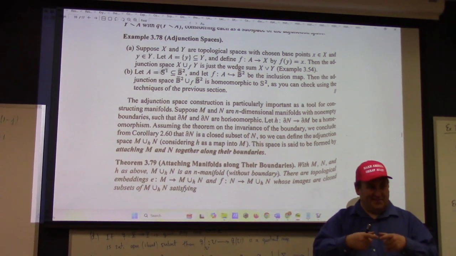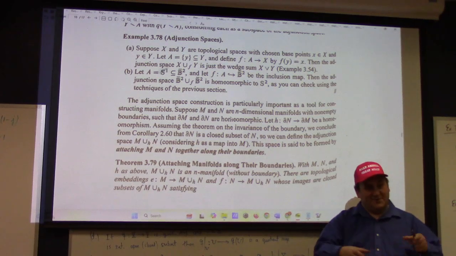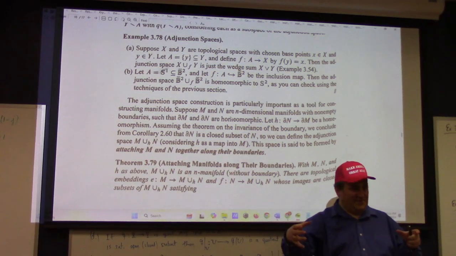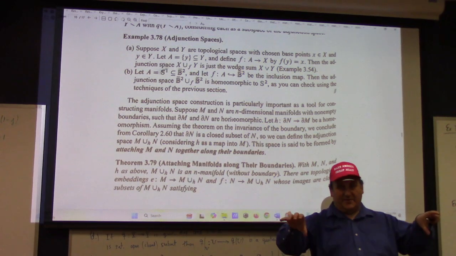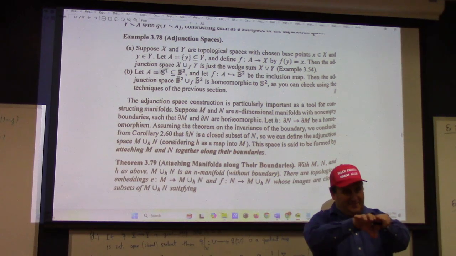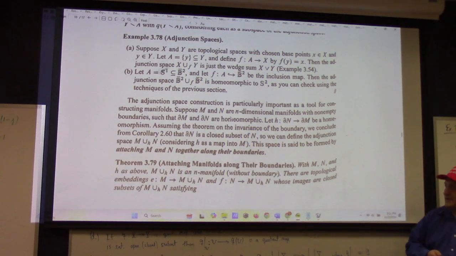So if you take a manifold with boundary, take another copy of it, take the disjoint union of your two manifolds and then identify the boundaries of each, then you've got a boundaryless manifold, a manifold without boundary, which I believe is called the double of the manifold.